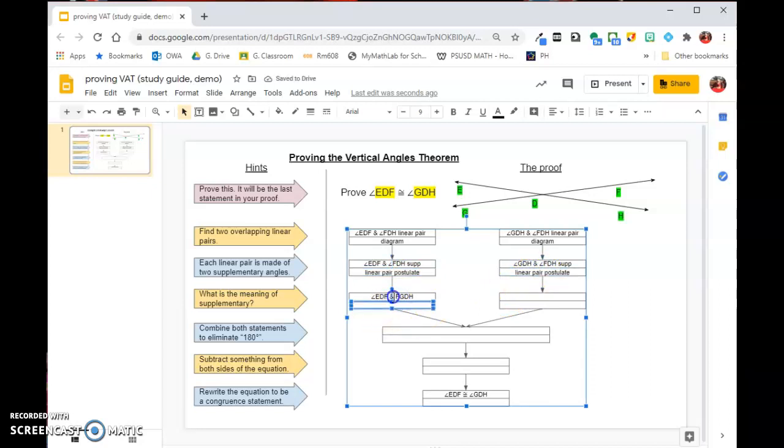What is the meaning of supplementary? It means that when I take the measures of those two angles and add them together, I get 180 degrees. On your own computer, you'll probably be zooming so you can see some of this stuff happening.